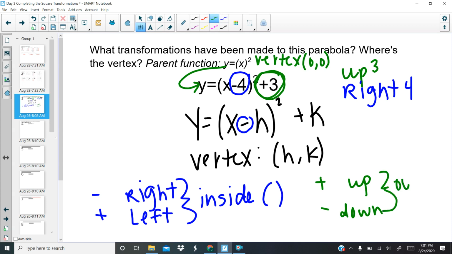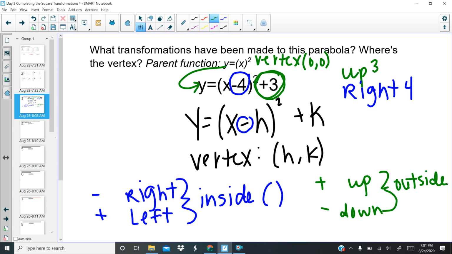We went over that pretty well in Math 3, I believe. I don't know how far your Math 3 class got, so I can't say that you necessarily went over it. But this is basically how you can tell what transformations have been made to a parabola, just by looking at whether it's been moved left or right.